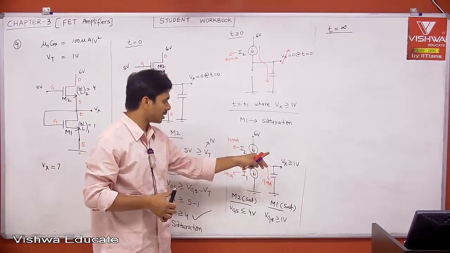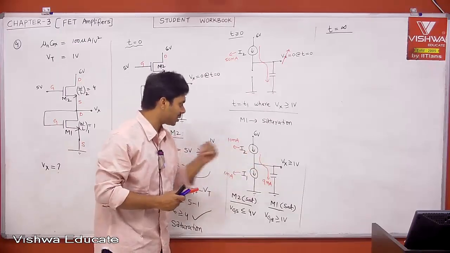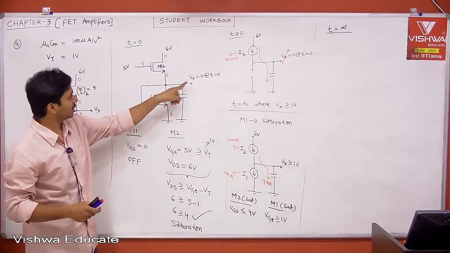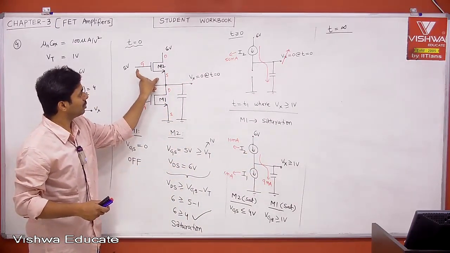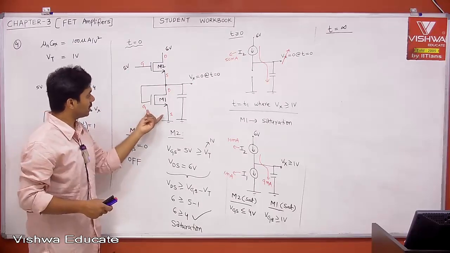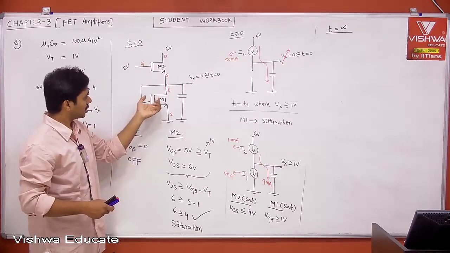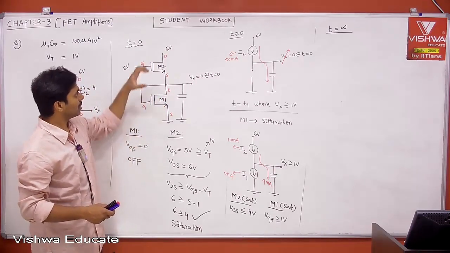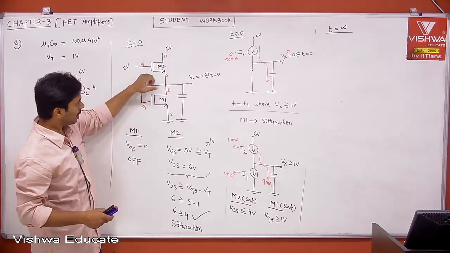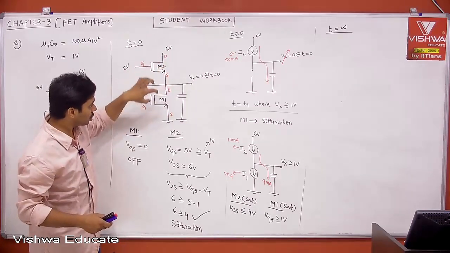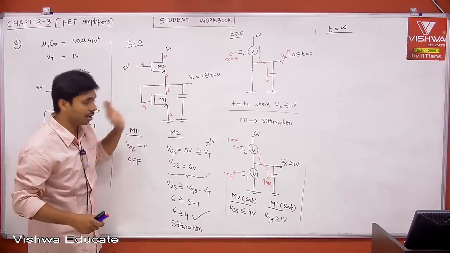As Vx is increasing, the VGS of M2 will decrease, the VGS of M1 will increase, the strength of M1 will increase, and the strength of M2 will decrease. At a particular voltage, both the strengths, or both the currents, will be equal.